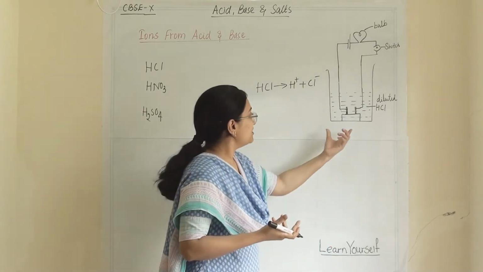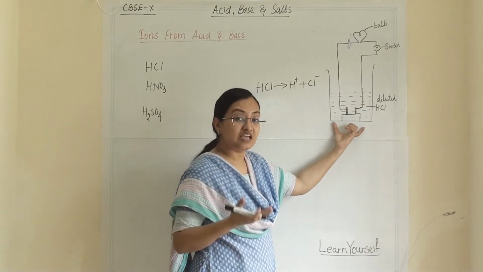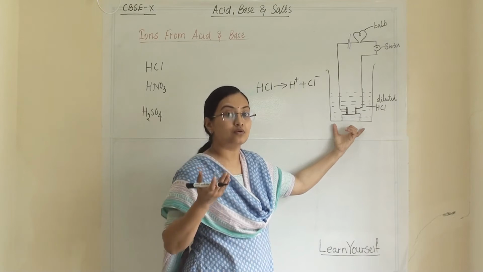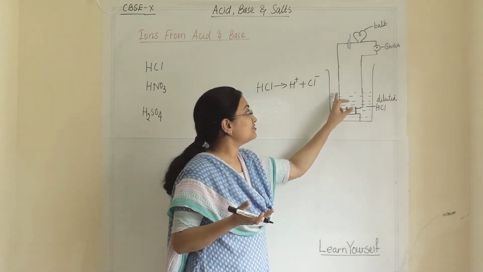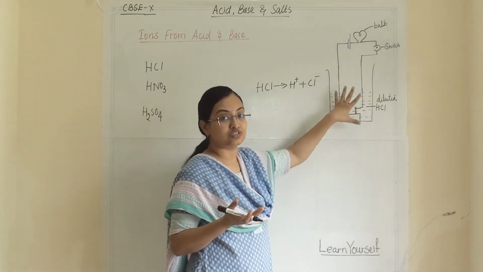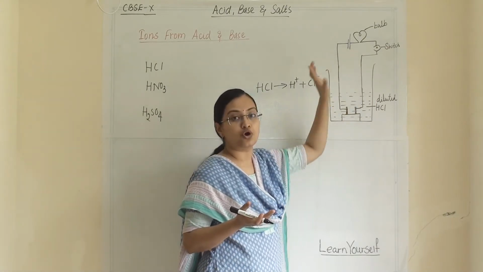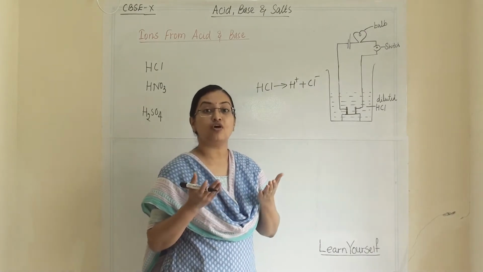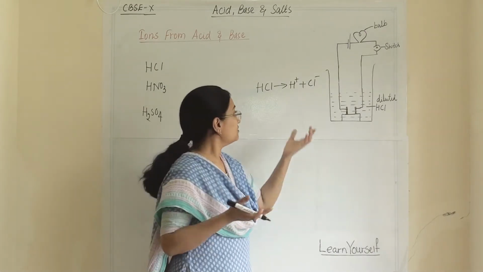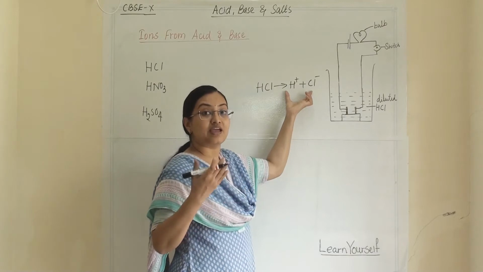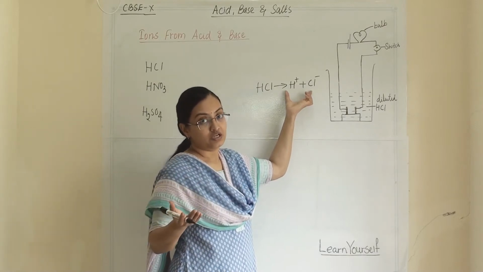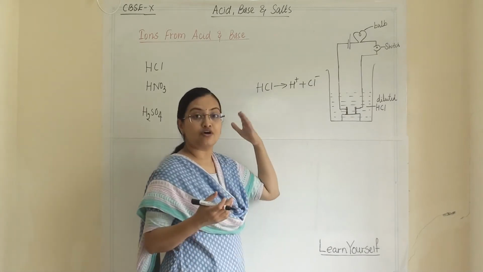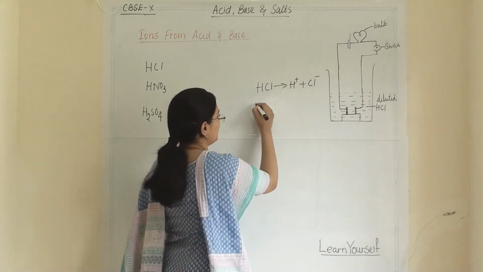So if we take alcohol or any other compound like glucose, then electricity will not pass through this circuit and our bulb will not glow, because there won't be any dissociation of ions, so we will not get carriers of electricity.